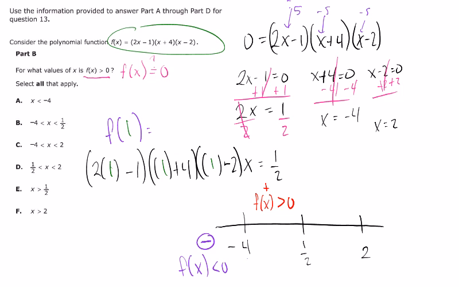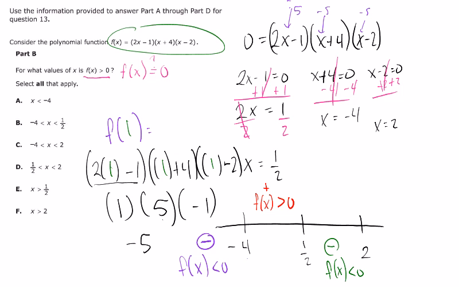I'm just going to do this kind of mentally here. 2 times 1 is 2, minus 1 is 1. 1 plus 4 is 5. And 1 minus 2 is negative 1. So we get a positive times a negative, which will be a negative. So it comes out to negative 5. But negative is the key thing there. So f of x is less than 0.